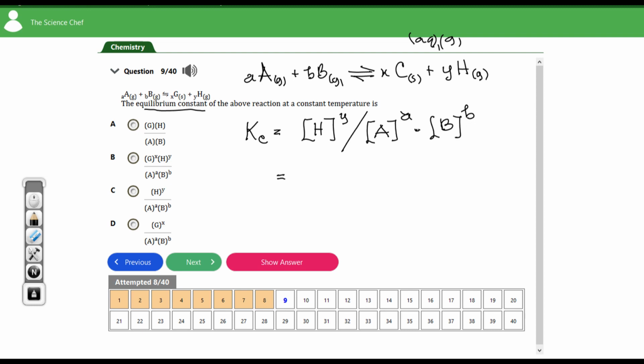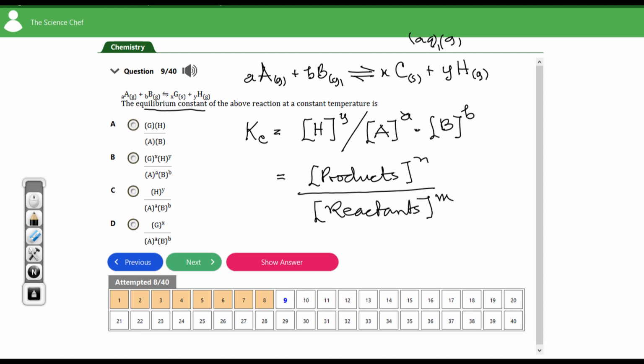Now, generally, to write the equilibrium constant of concentration for a given equilibrium reaction, we use the concentration of the product raised to the power of their stoichiometric values in the equation of reaction divided by the concentration of the reactant raised to the power of the stoichiometric values. But provided that the products and the reactants used in this expression are not liquids nor solids. So based on what we have here, what will be the correct answer here? That should be C.